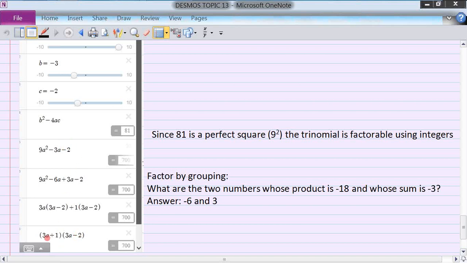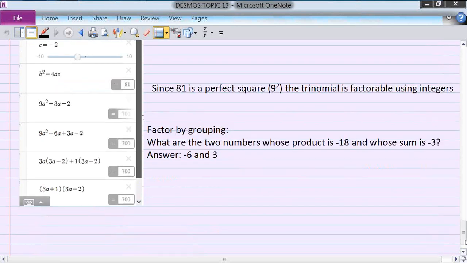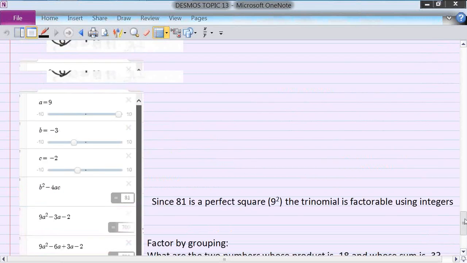So you could have done it if you knew that the factors here were 3 and 3. They could have also been 9 and 1, but then you would never have been able to get a middle term of minus 3. So you're left only with a possibility of 3 and 3. That's why we factor by grouping. Some people find it easier. If you find it easier using the FOIL method, by all means use that.